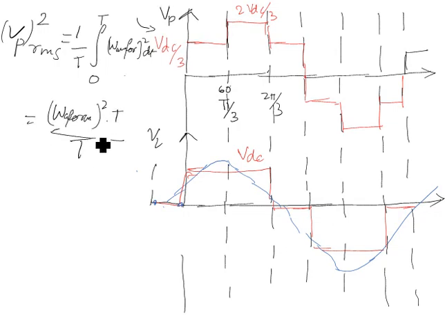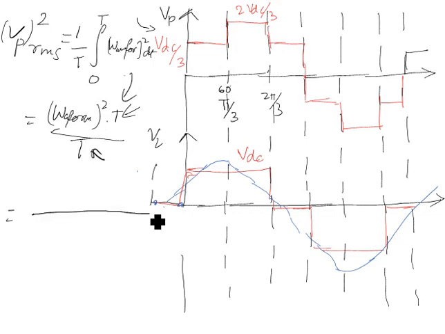If you integrate this thing, it will become like this. So this t is the time the waveform exists, and this t is the total time period. So I am writing that like this here.